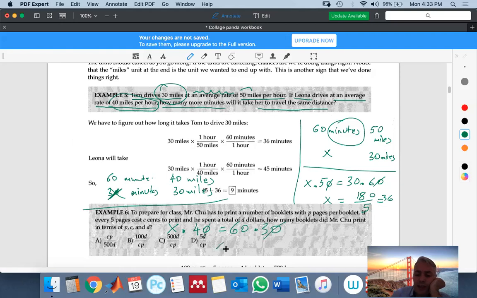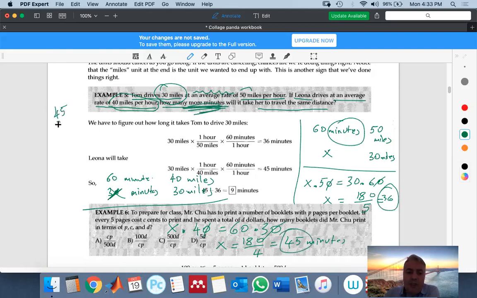So simplify, x is equal to 180 divided by 4. So this will be 4 times 1 is 4, 16, 24, 45 minutes. So the question is this, how many more minutes? So this is 36, this is 45. More means 45 minus 36, which is 9.